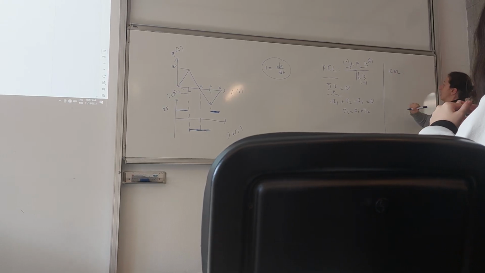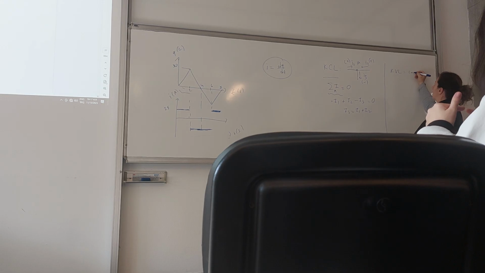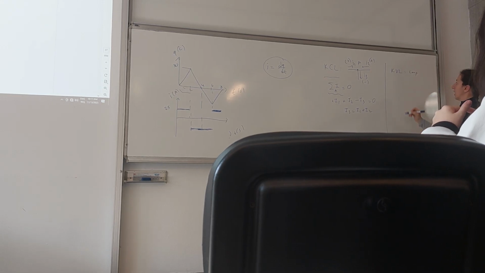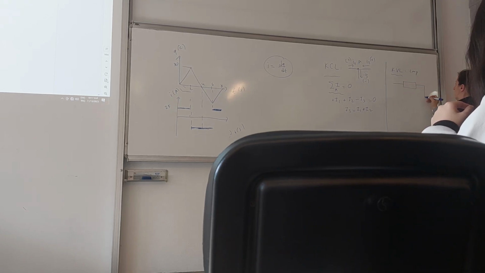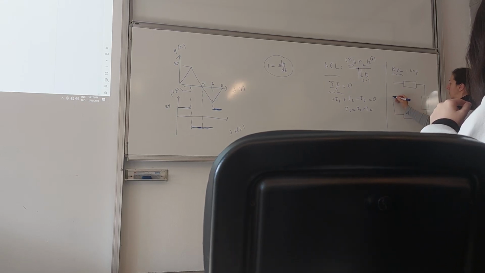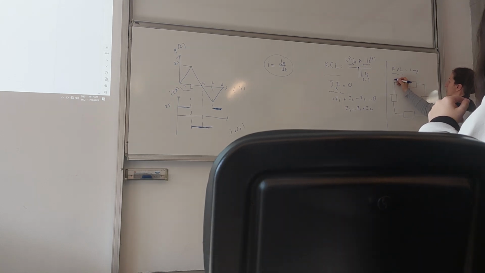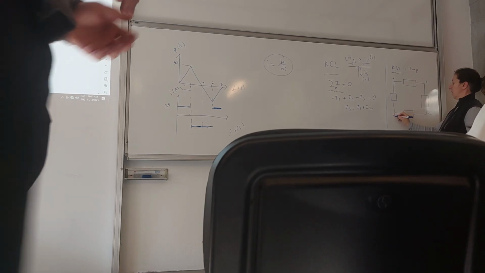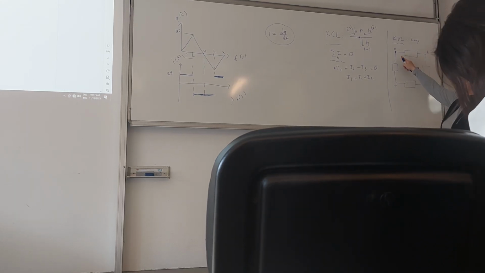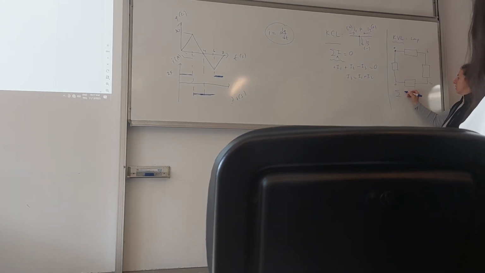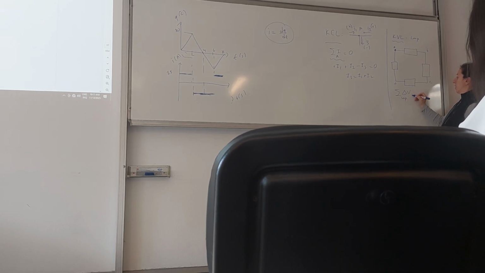And KVL is, this time, instead of focusing on the node, we are focusing on the loops. What the law says, based on KVL, if I have this loop A, B, C, D, KVL tells us that if I start from some point and move around this loop writing the potential across each circuit element that I pass, when I come back to the point A, their summation should be 0.